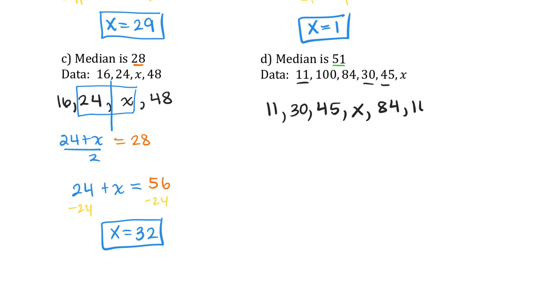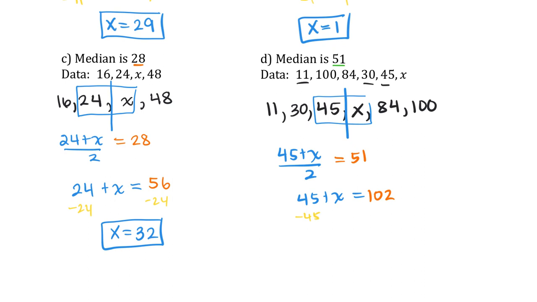84, 100. Since there's 6 terms, the middle is right between the 45 and the X. So I'm going to do 45 plus X and divide by 2 and set that equal to my median to see what the X value is. 45 plus X equals 2 times 51, which is 102.